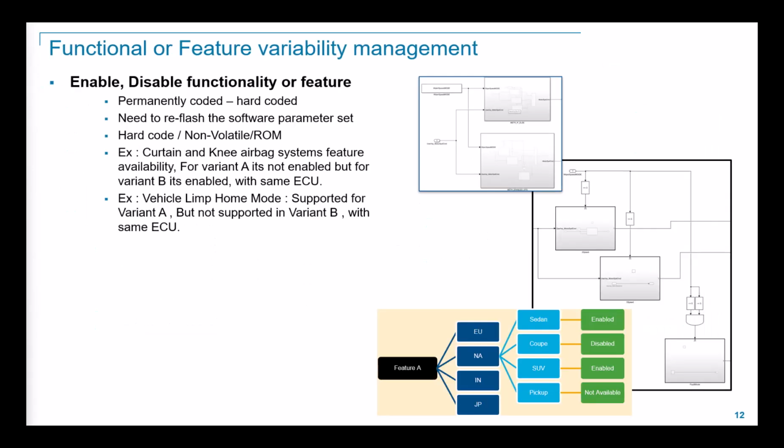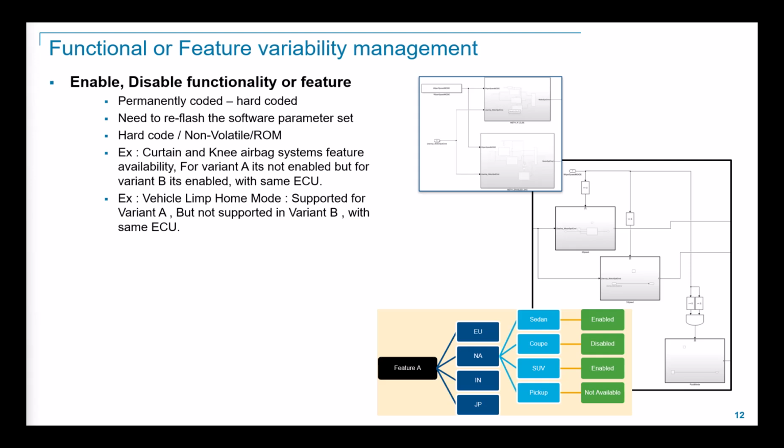Functional or feature variability management can be done using permanently coded or hard-coded parameters. In this case, we need to reflash the software parameter set every time we want to change. For example, the curtain and knee airbag systems feature availability in a vehicle. For variant A, it's not enabled, but for variant B, it's enabled, with the same ECU.